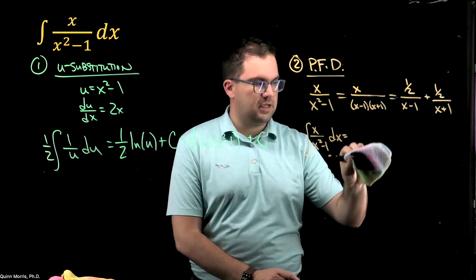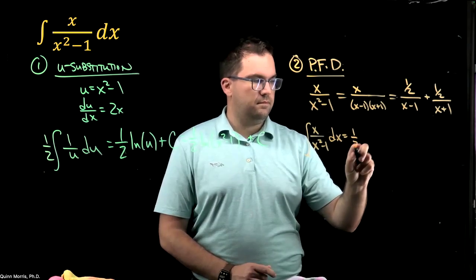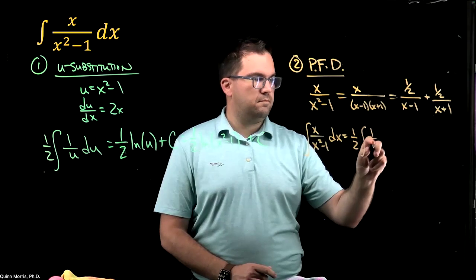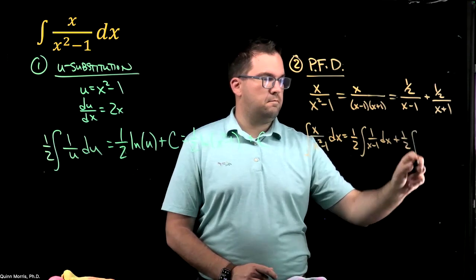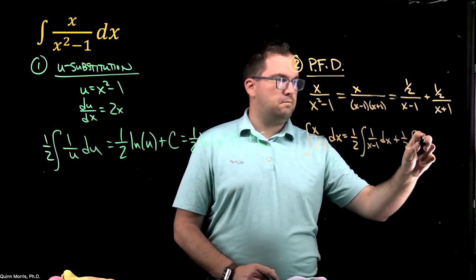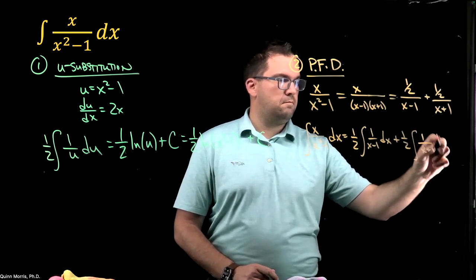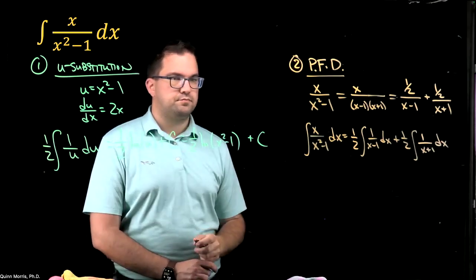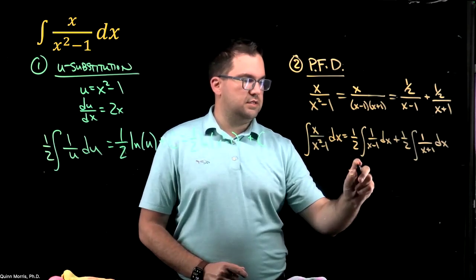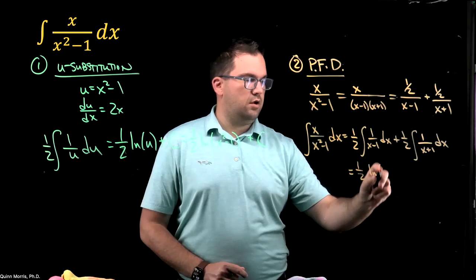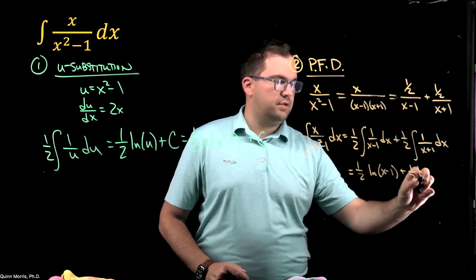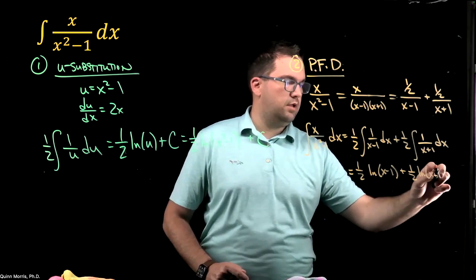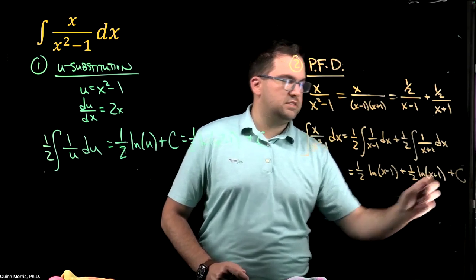pull that 1/2 outside of the integral. And now this is 1/2 natural log of x minus 1 plus 1/2 natural log of x plus 1 plus c.